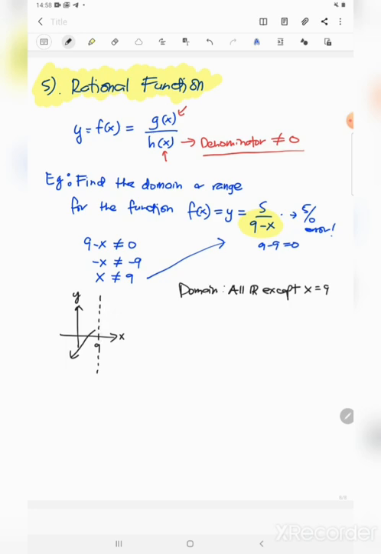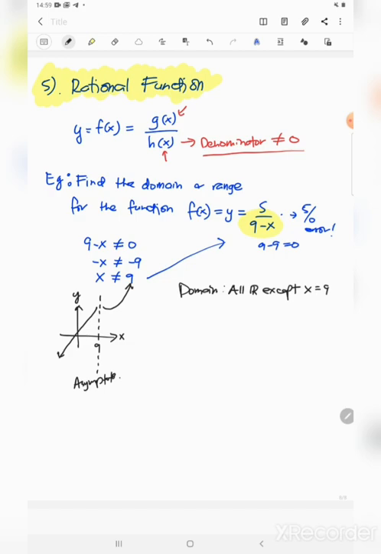Or we have this graph, maybe two functions, a straight line and a quadratic, where the graph is not continuous at x equal to 9. So our graph has all values except x equal to 9, because we have an asymptote.